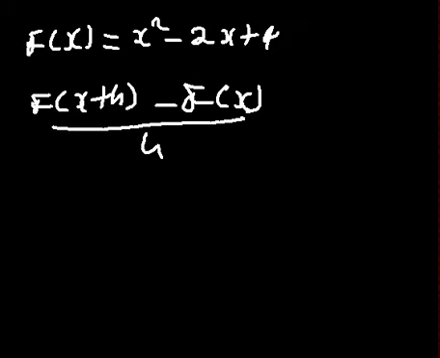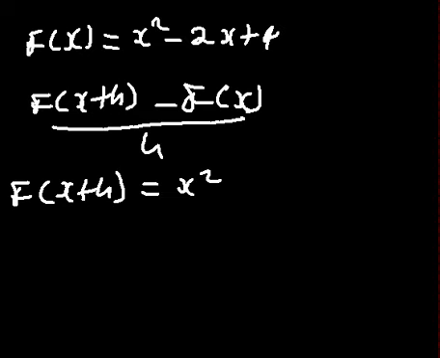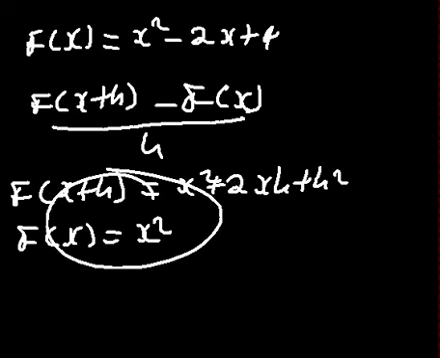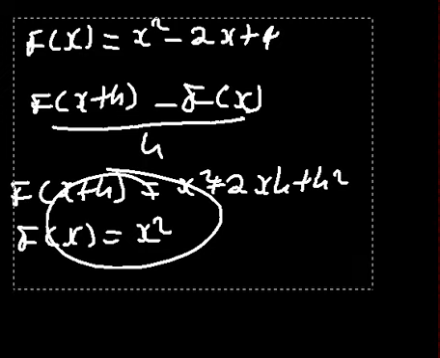So what's that one? What is f of x plus h? We have it as x squared plus 2xh plus h squared, and f of x is the same function, x squared minus 2x plus 4. So try to work that out on your own, but you should arrive at a solution.